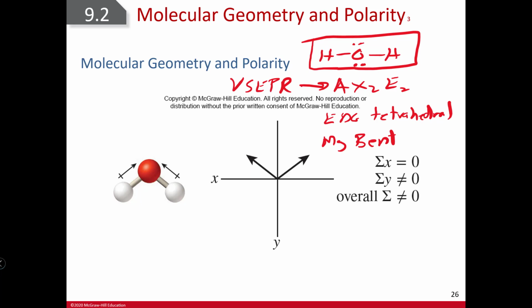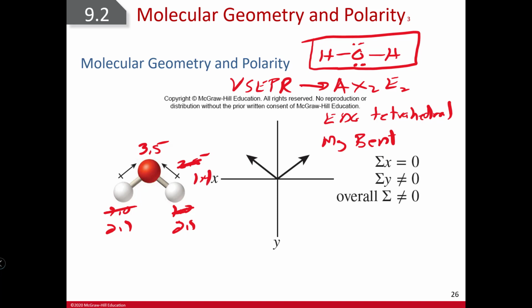Now, you know that oxygen is 3.5 for the electronegativities, and these are 1.0 for a difference of 2.5. Oops, not 1.1. What am I doing? This is 2.1. I don't know what I was thinking there. All right, so 3.5 minus 2.1 is 1.4.